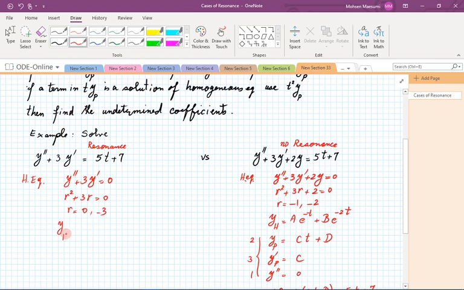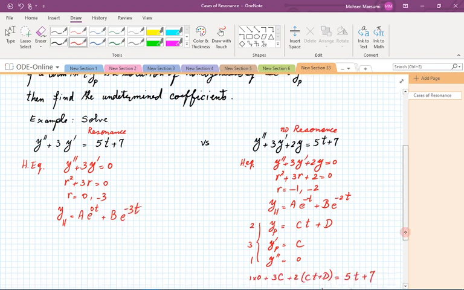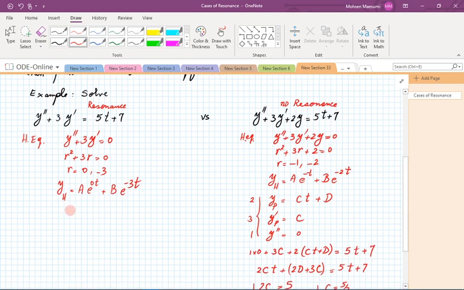We write the homogeneous solution, a exponential of 0t, let's write it out so that we see what's going on, plus b exponential of minus 3t. Looks peculiar, but that's our solution. If you want to simplify, remember exponential of 0 is just 1, and the other one is exponential of minus 3t. Of course, we typically just don't write the 1, which gives a plus b exponential of minus 3t.